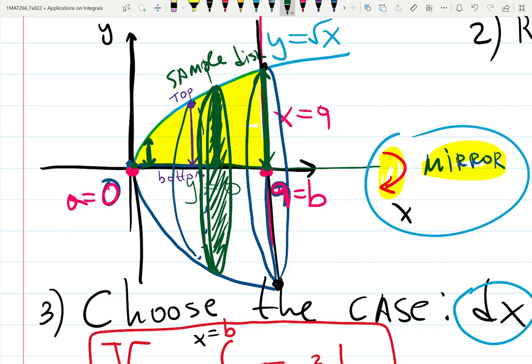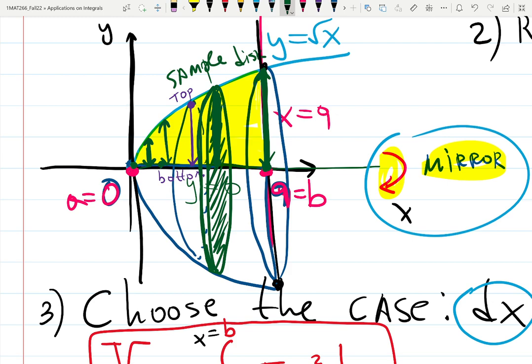The most important thing is that since the radius is different from disk to disk, the radius is a function. And this function depends on the location of the disk on the x-axis. If the disk is at 9, then the radius is big. If the disk is at 0, the radius is 0. If the disk is at 2, then the radius is different.